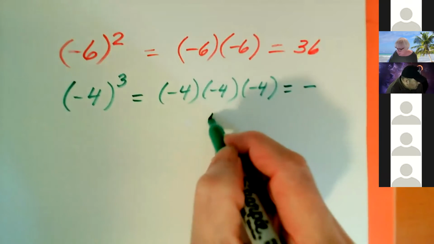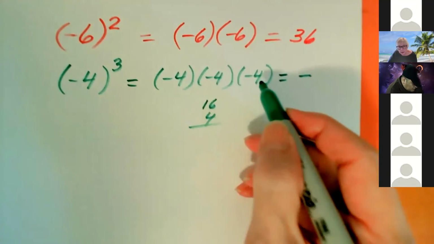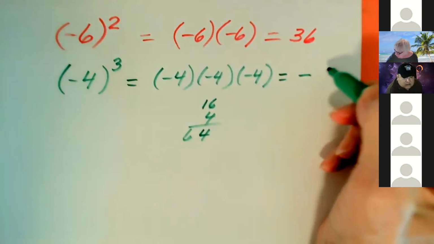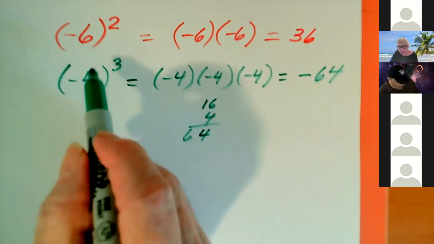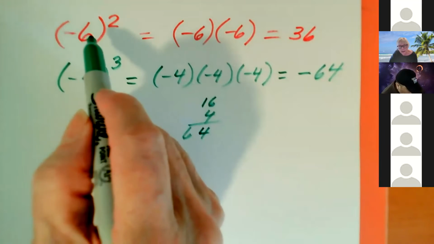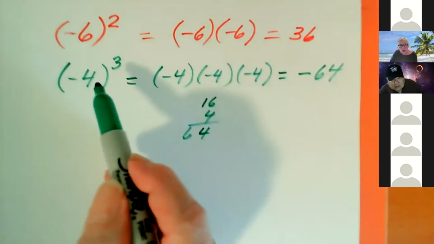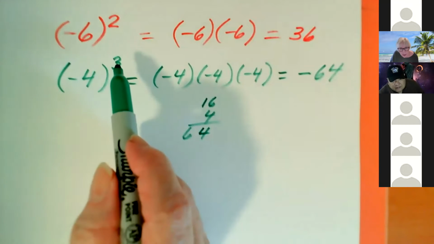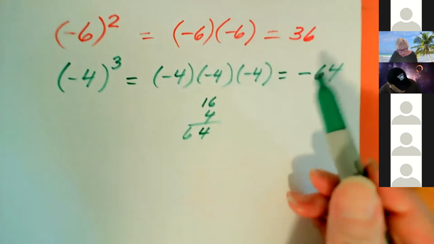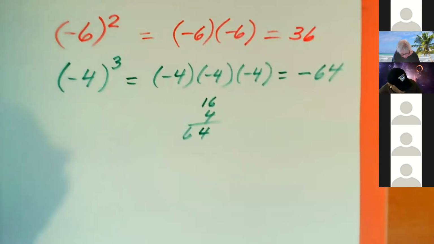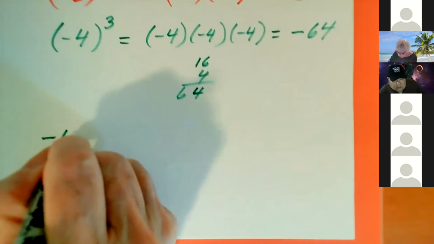So 4 times 4 is 16, and then 16 times 4 is 64. So notice this pattern here. When I had the -6 times the -6, it ended up being positive. When I had the -4 to the 3rd power, or cubed, three negatives made it negative. And so you need to have these different things.